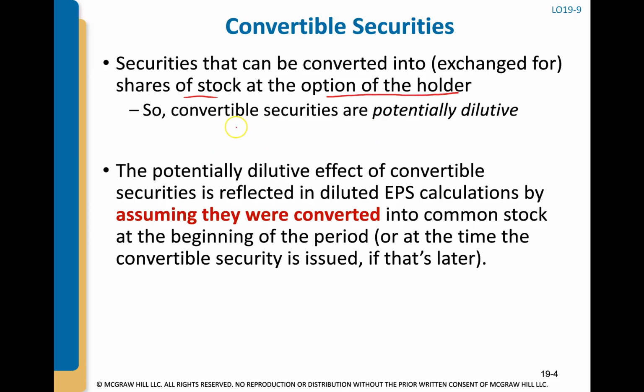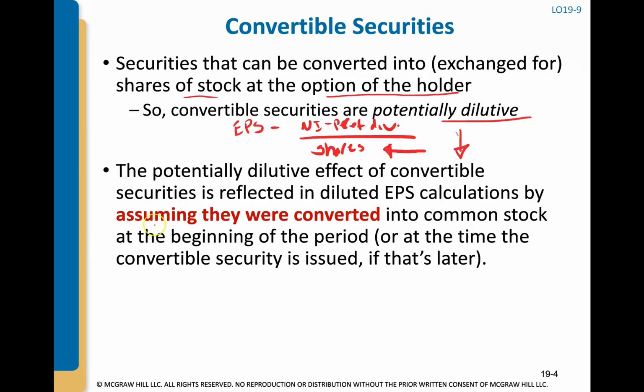When you're looking at your earnings per share calculation, it is net income minus your preferred dividends divided by the weighted average of outstanding common shares. I'm just going to call it shares. So if more shares are issued, your denominator is going to be larger, thereby making your earnings per share go down. And that's what we mean by dilutive.